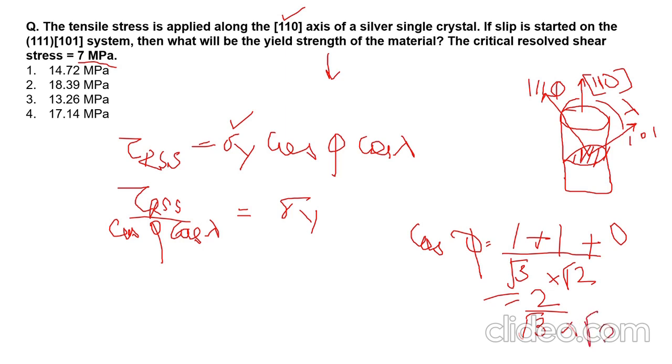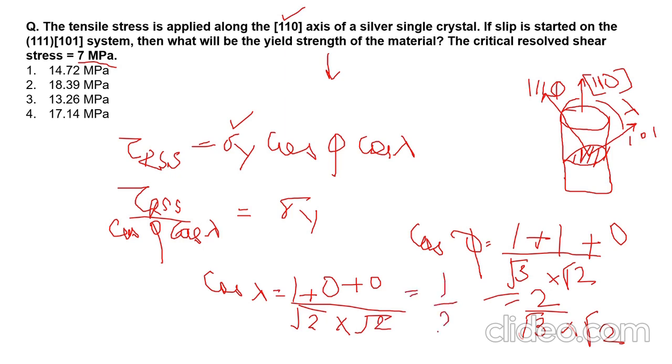So this is cos of phi. Then for cos of lambda, that will be 1 times 1, plus 0 times 1, plus 0. And you have square root of 2 and square root of 2, so you will have 1 by 2.